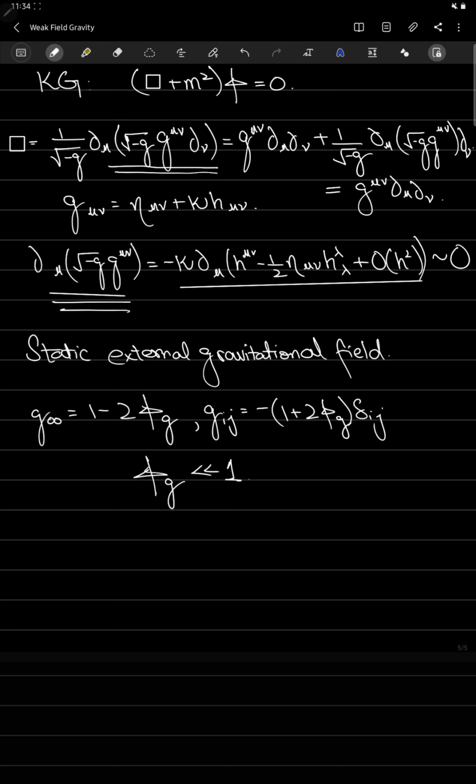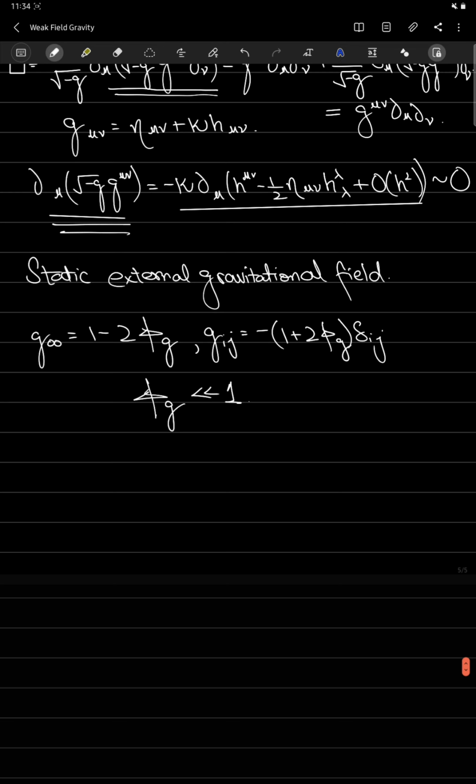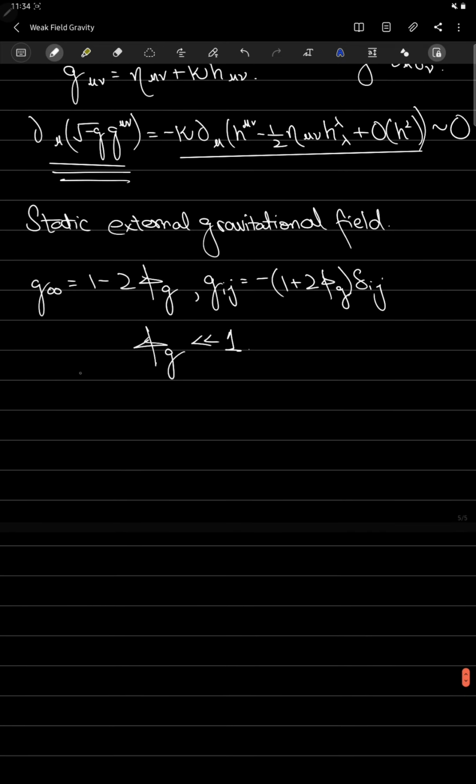Right, now with this I'm going to perform a non-relativistic reduction for the wave function of the field phi, and doing so I can write my phi as exponential of minus i m t times psi of t comma x vector.